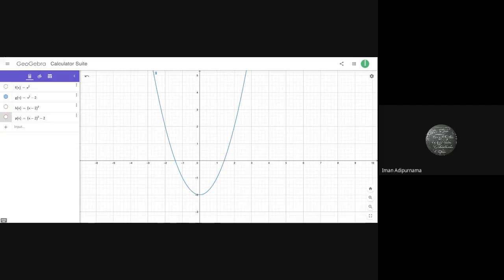And then the third function, you have x minus 2 squared. You move the x squared graph, same shape, to the right 2 points, right? And what happened to the minimum value for x? It will be 2, which means it's actually your solution when you set x minus 2 equal to 0.